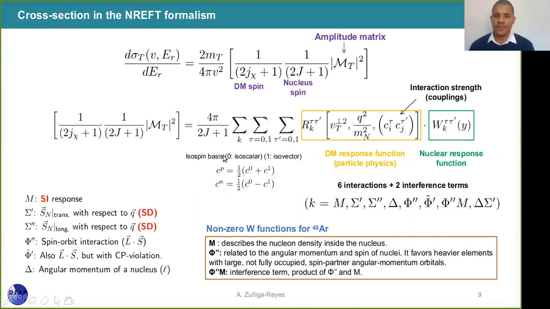Also, this expression has this K index that represents the six interactions plus two interference terms.